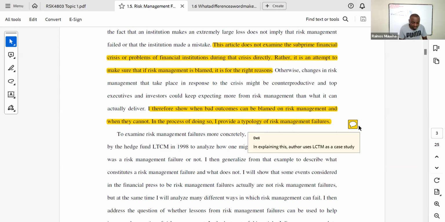Which means when it comes to this particular case study, the author is trying to highlight a very important element: when there are bad outcomes that arise from a particular organization, are these outcomes necessarily to be blamed on a risk management failure?